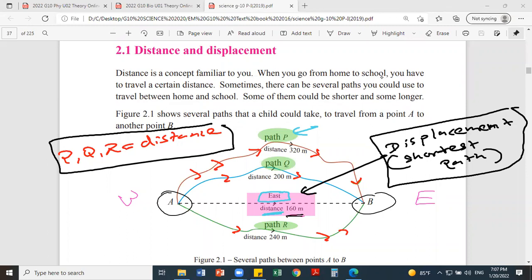So do you understand the difference between distance and displacement now? For distance, the direction changes from time to time, but for displacement, the direction is fixed, constant. It won't change. It's the same direction, west to east. So if there's a shortest path with a definite direction, that is displacement.